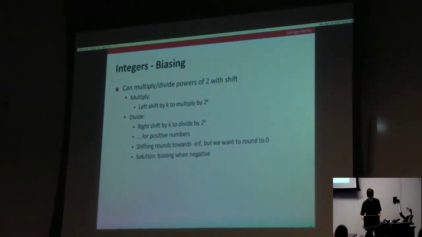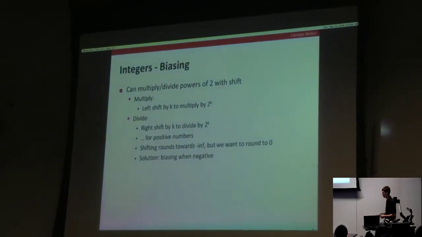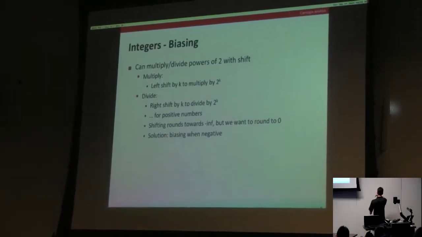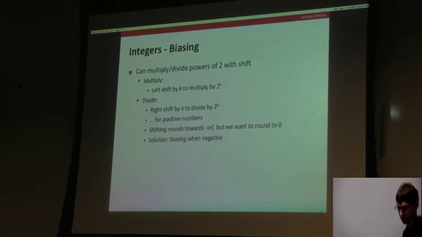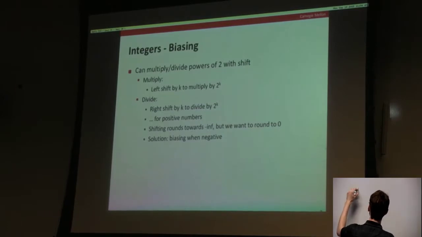So let's try out, let's say we have a 4-bit 2's complement system. So what does that mean? That means we're going to have one sign bit and then 3 other bits, and that's how we're going to represent our numbers.